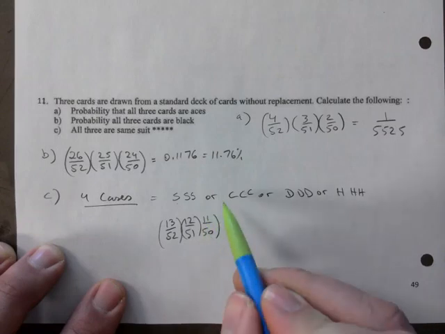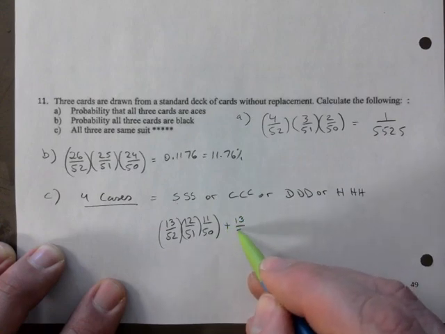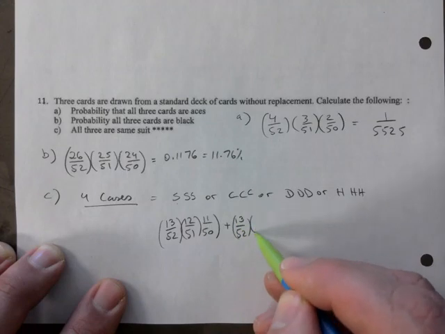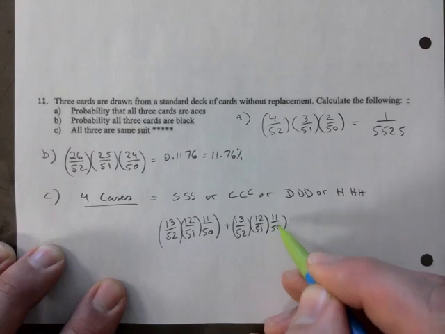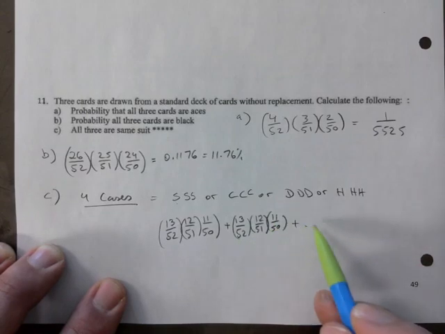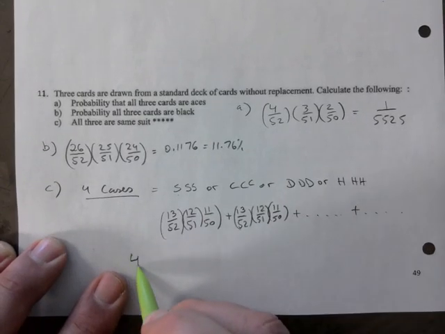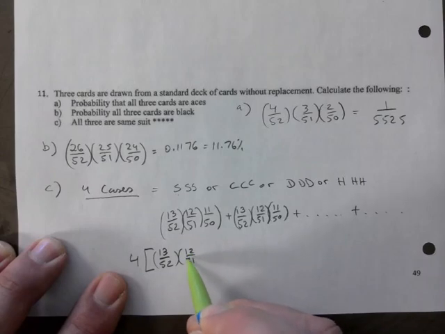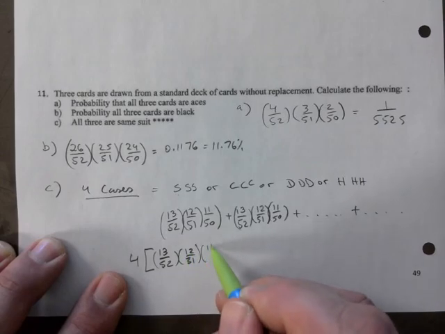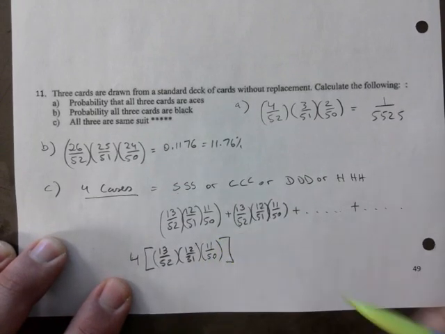Okay, and this would repeat itself 4 times. And if you like to save time, this is not the way to do it. Okay, you will realize that this will just continue 4 times. So it's really just 4 times this answer, whatever you get for one of them. Just remember, if you want all of the same color, the same kind, you have cases in front of you, okay?